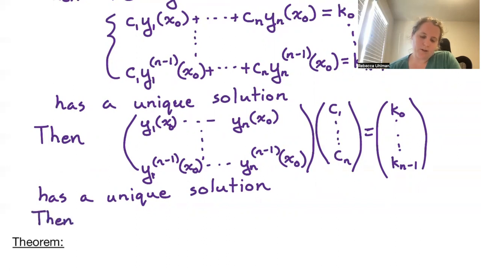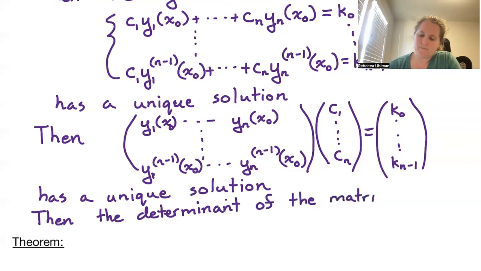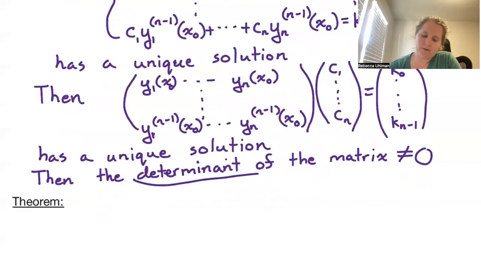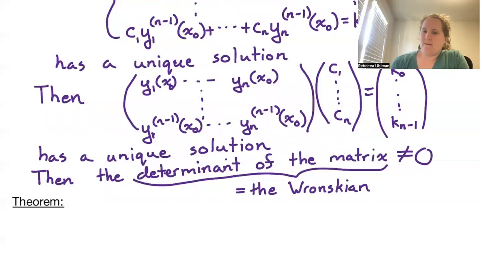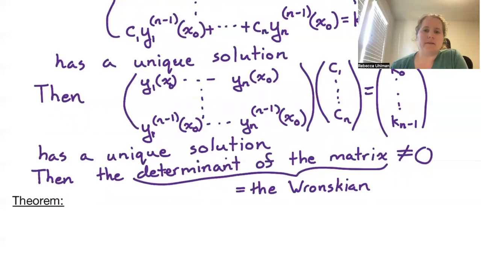The determinant of that matrix, which we will define to be the Wronskian, does not equal 0. In particular, this is evaluated at x0.